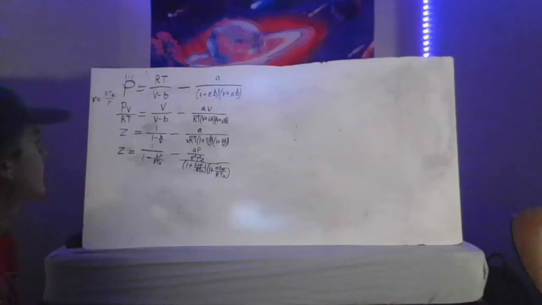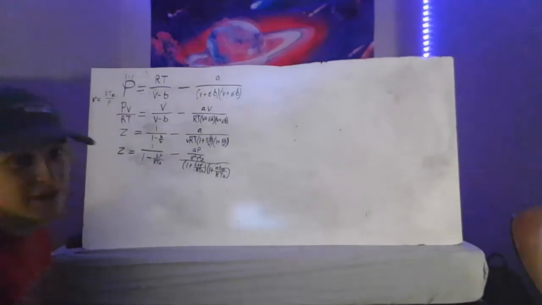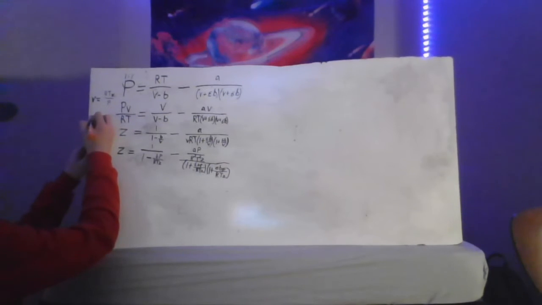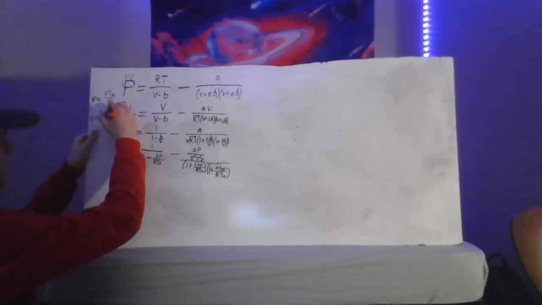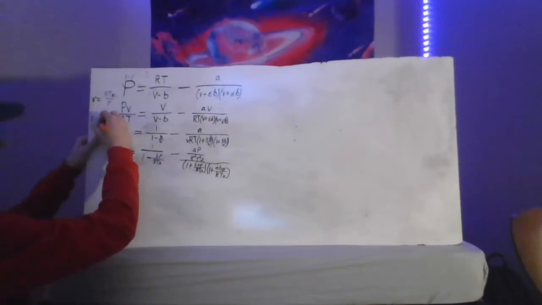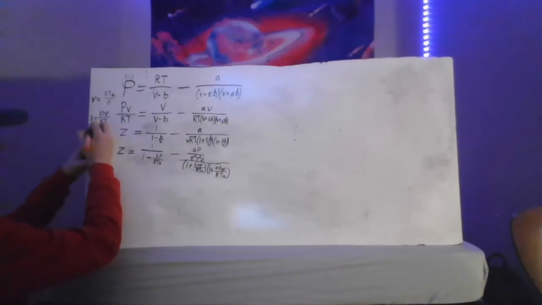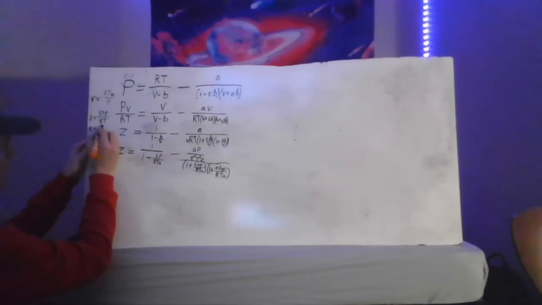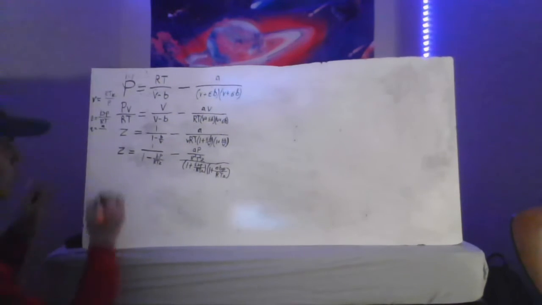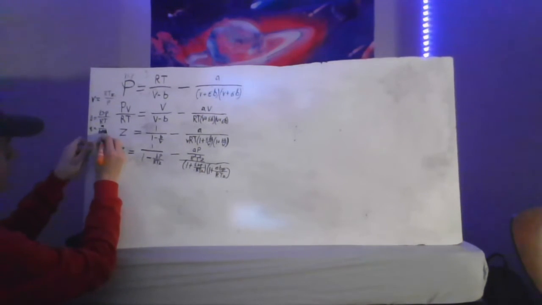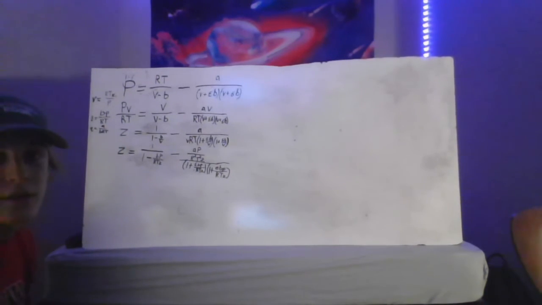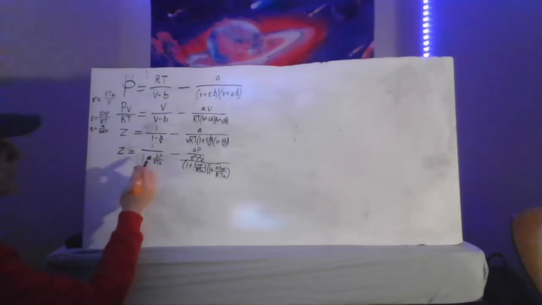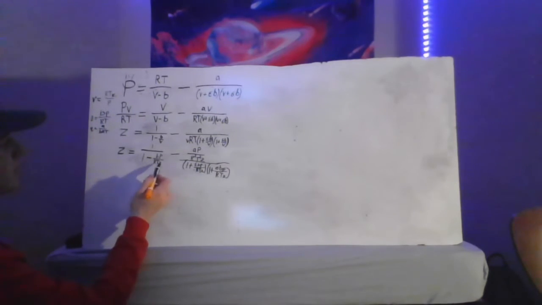Now to simplify this any more, we can use the values of beta and Q, where beta is defined as BP over RT, and Q is defined as A over BRT. So we can plug in beta first for this BP over RT.